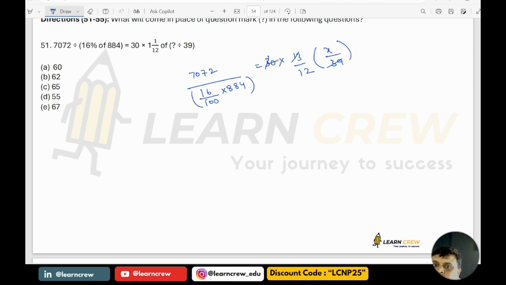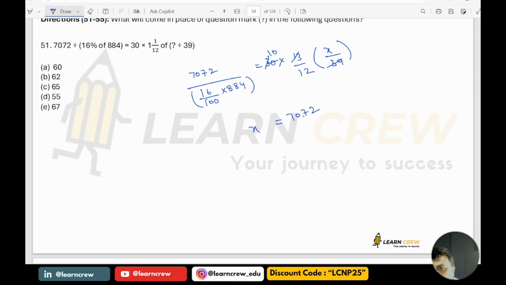So it is 10 times. Now x is equal to 7072. How many times can I take 884, 13 times? No, 7072, I think 9 times, no.